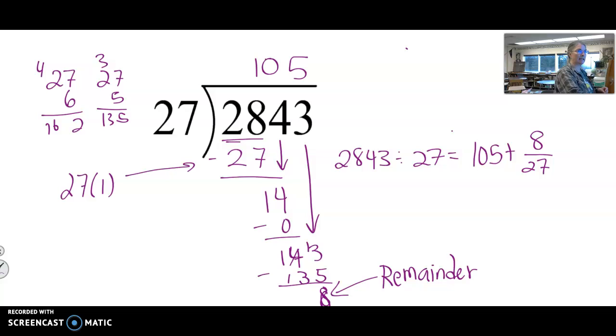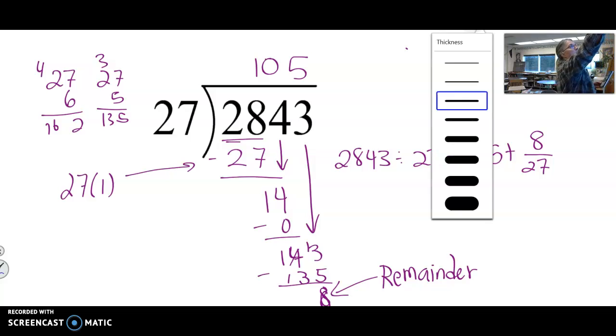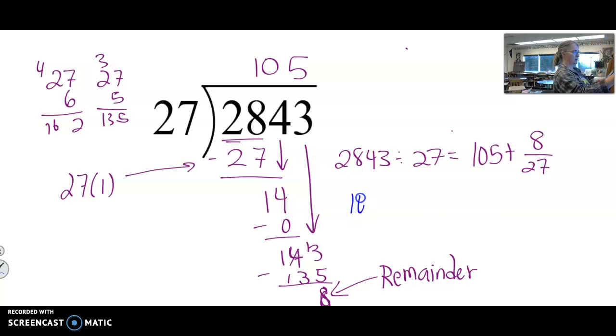So if you take, in my calculator, 2,843 divided by 27, it's equal to, and you can do this on your own, 105.2962963.